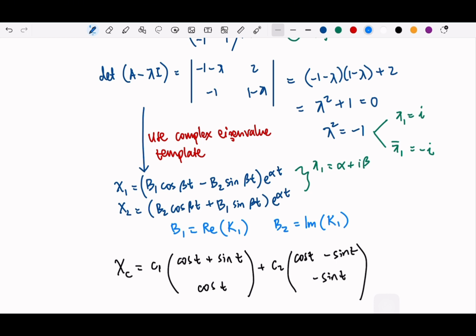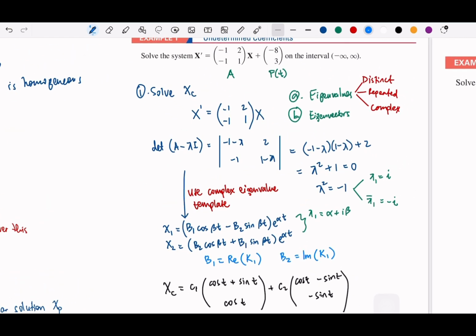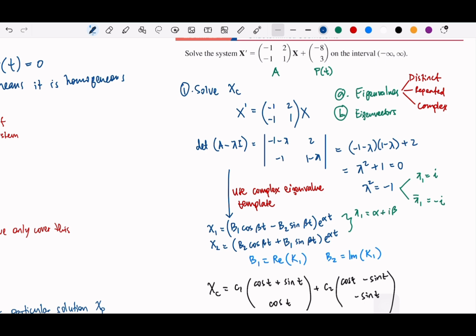Okay. Now after we get this, which means we solve for the homogeneous part, right? If we see the f here, which is just a number, this f means that this is a constant, right? If you remember what we did for a constant in differential equations, the particular solution will be another constant.